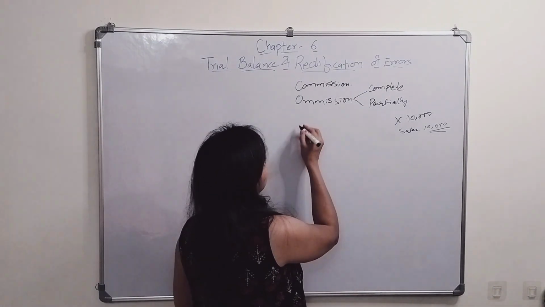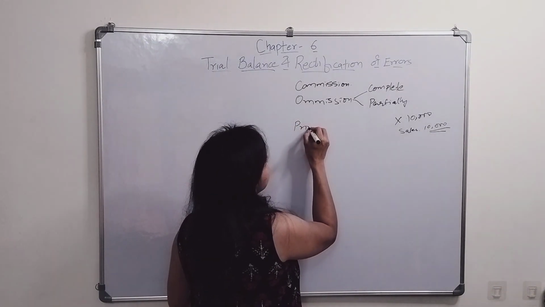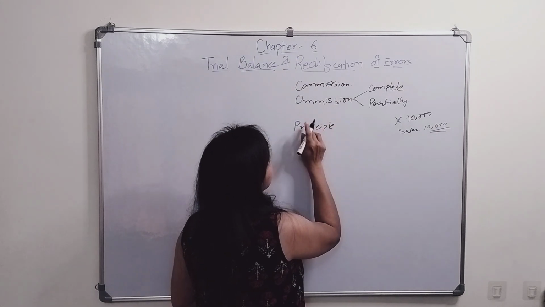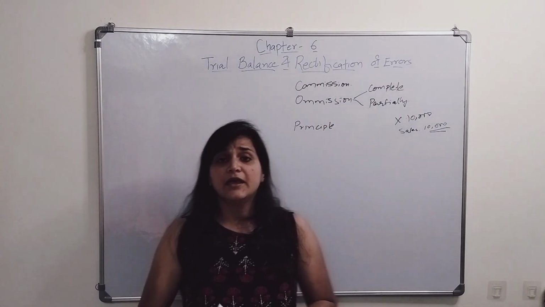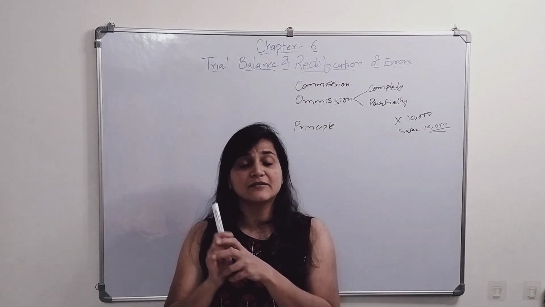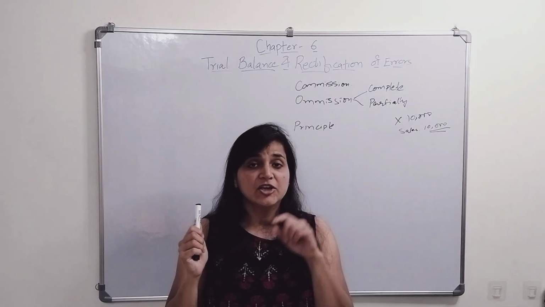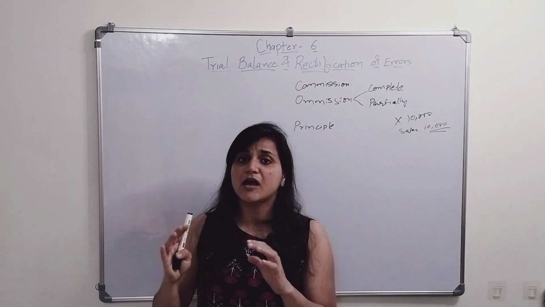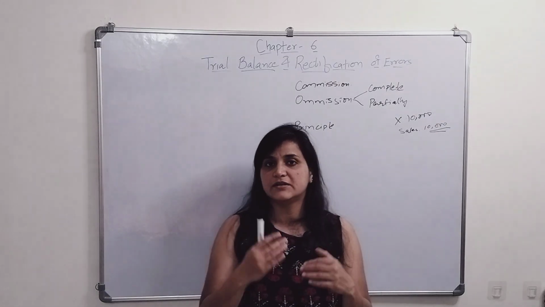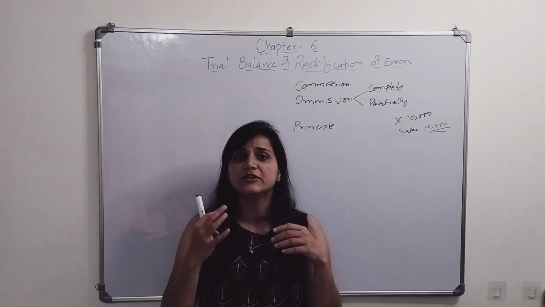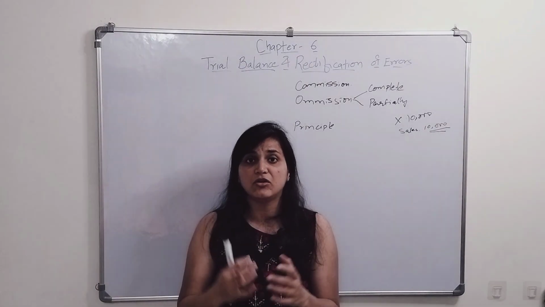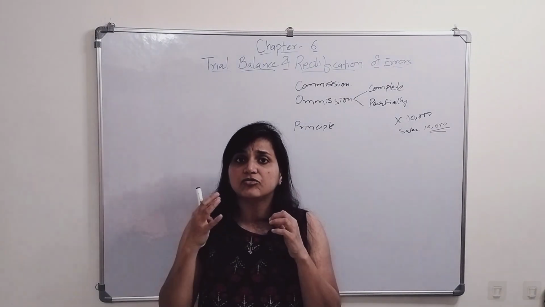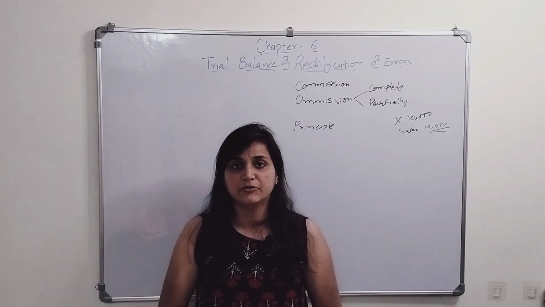The third error is errors of principle. In the second chapter we studied GAAP, generally accepted accounting principles: the rules, regulations, conventions and postulates that an organization needs to follow while preparing its books of account.